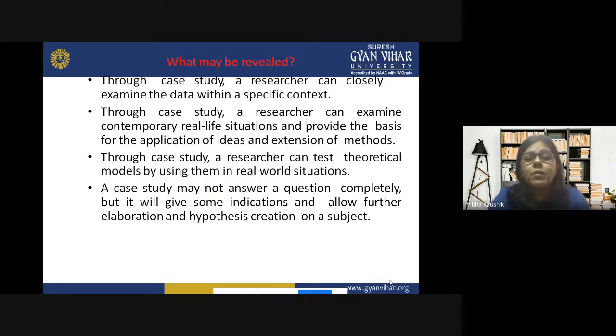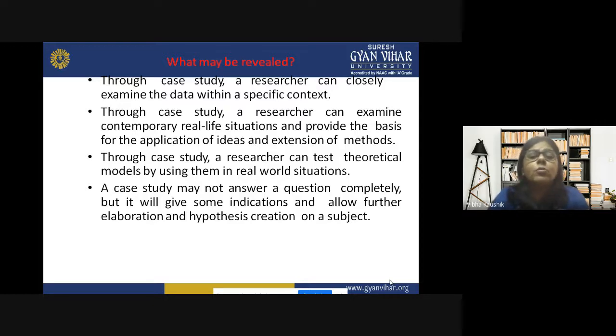With the help of a case study, a researcher can examine contemporary real life situations, and it will provide the basis for the application of ideas, how the ideas can be applied, and extension of methods.